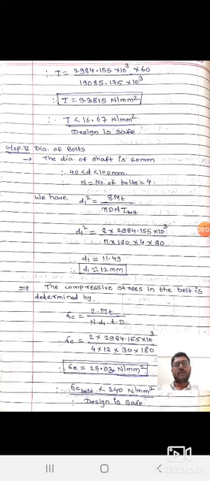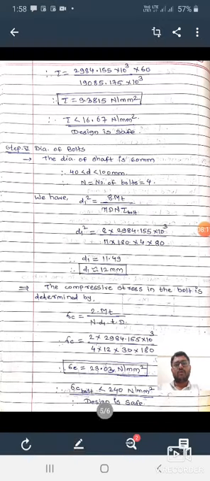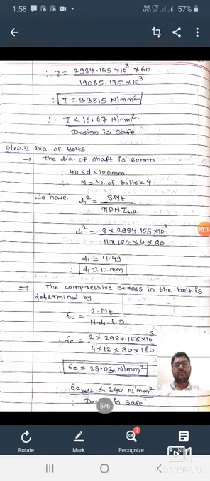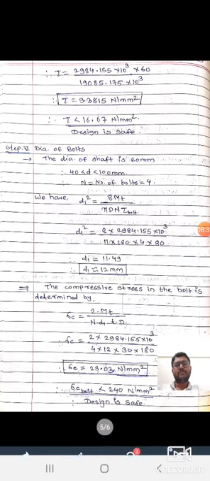After calculating, finally the shear stress tau equals 9.3815 Newton per mm square. We have already calculated the shear stress for the shaft, that is 16.67. Here tau equal to 9.385, which is less than 16.67, means our design is safe.